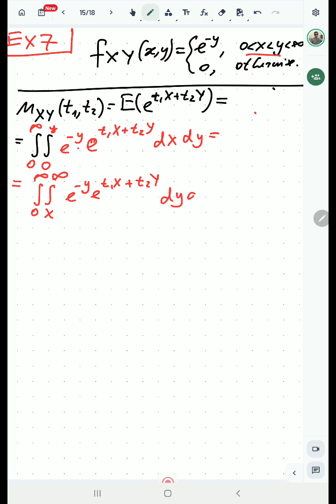Here we have to integrate with respect to y first and then with respect to x. So, okay, I do it in this way.